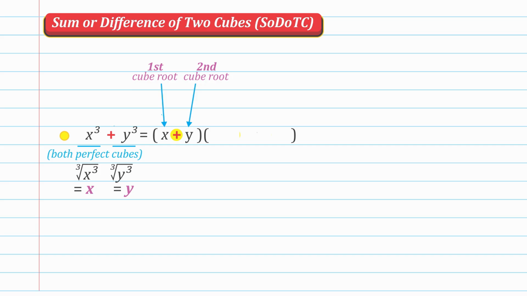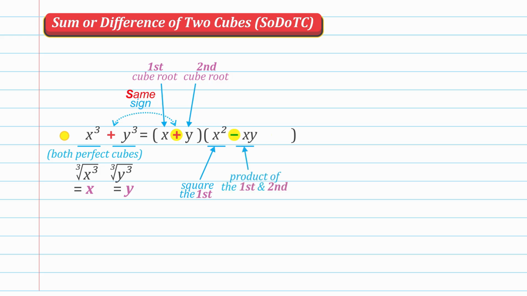The sign between the terms in this factor is the same as the sign in the original expression. Next, the trinomial factor. The first term, x squared, is the square of the first cube root.